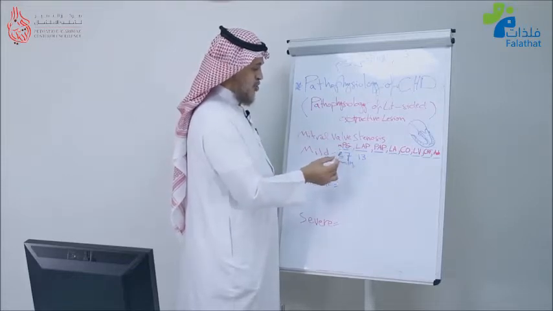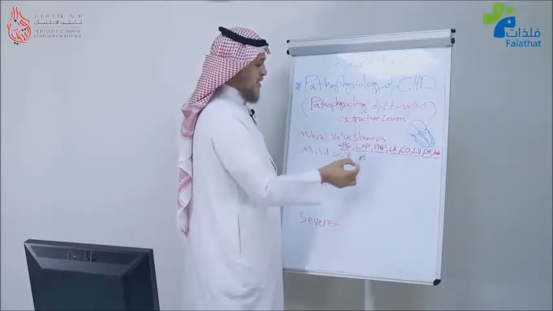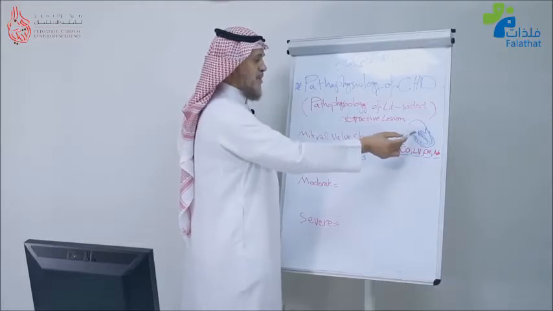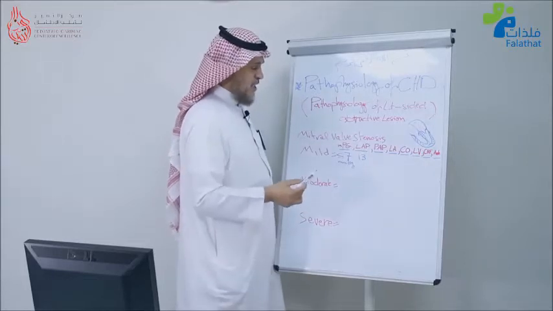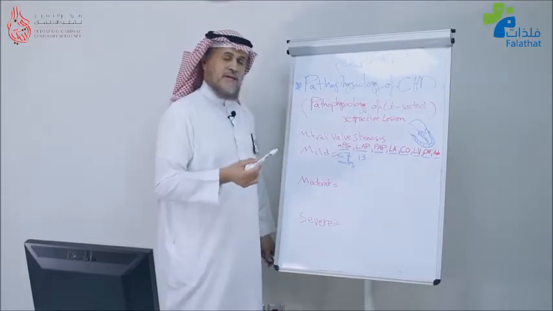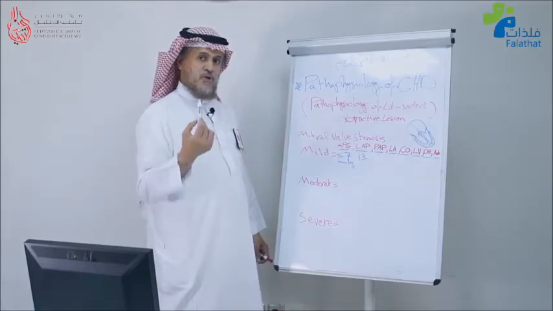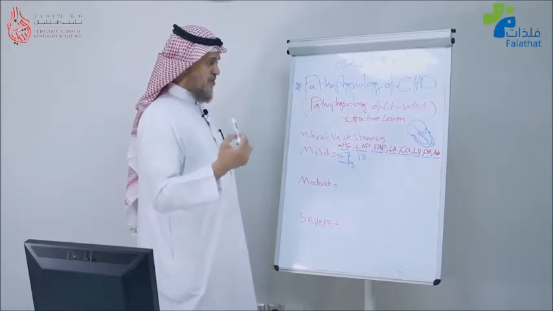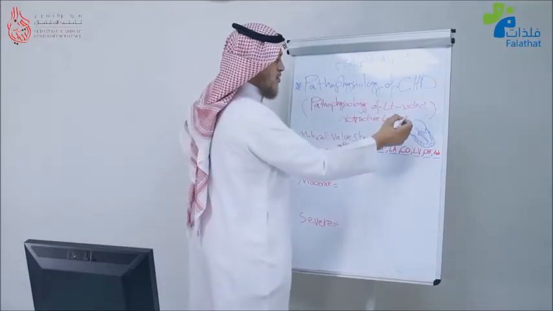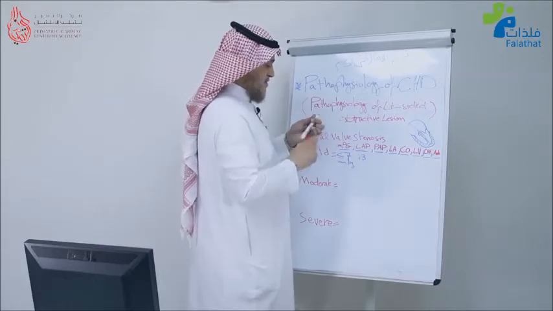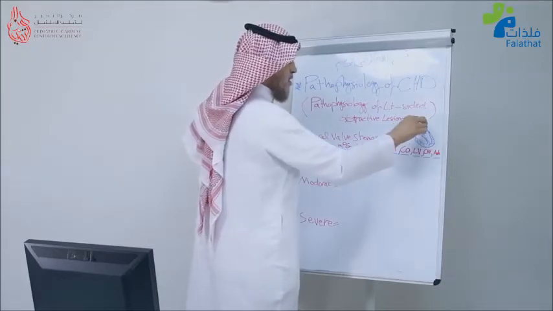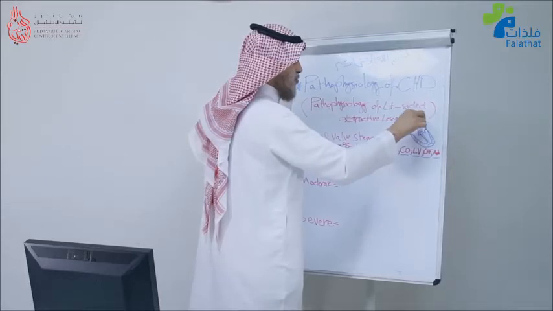If we take the top being mean of 7 here, and this is 13, then we have about a 6 millimeter gradient. We know that our pulmonary artery pressure, or the pulmonary venous pressure here, these are the pulmonary veins coming in, the 4 pulmonary veins.